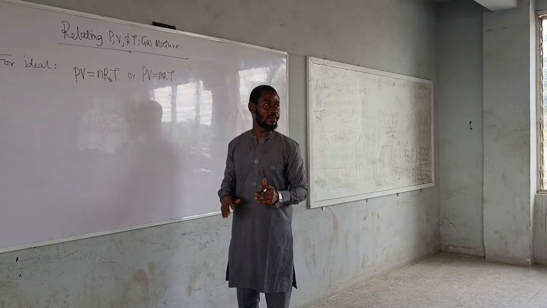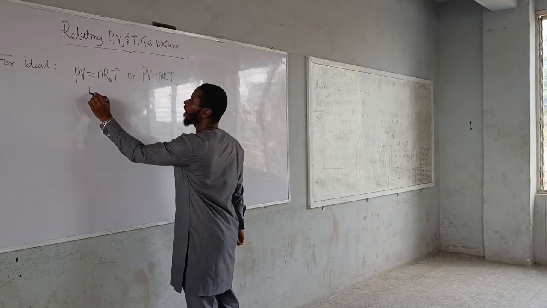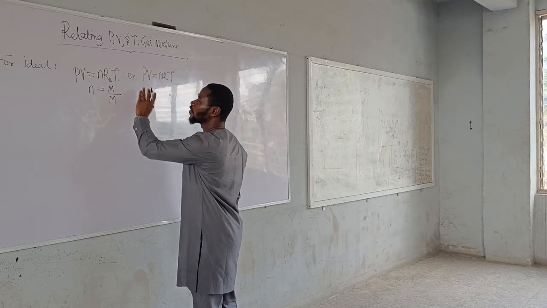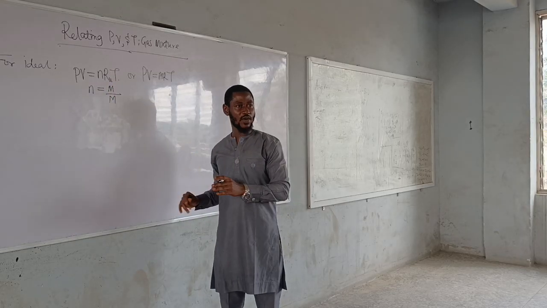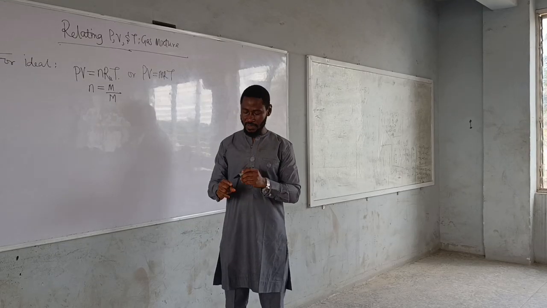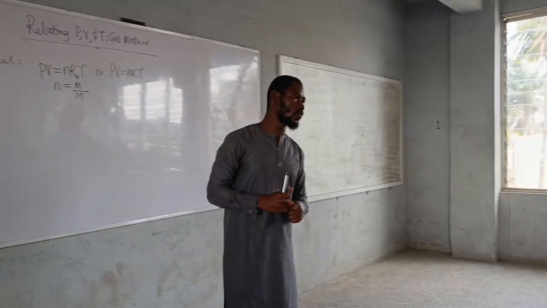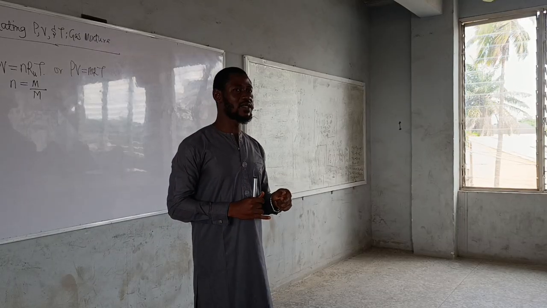So if you go back to the mathematical expression of n, which is mass over mole, when you substitute it into this, you have this, but that is not where we are going. What we want to achieve now is to explain a particular value we made use of in the just concluded worked example, which is the universal gas constant.